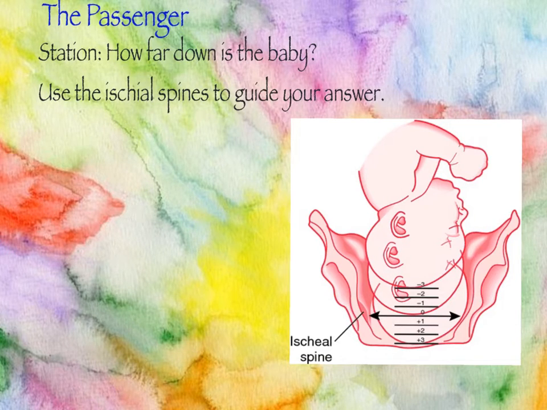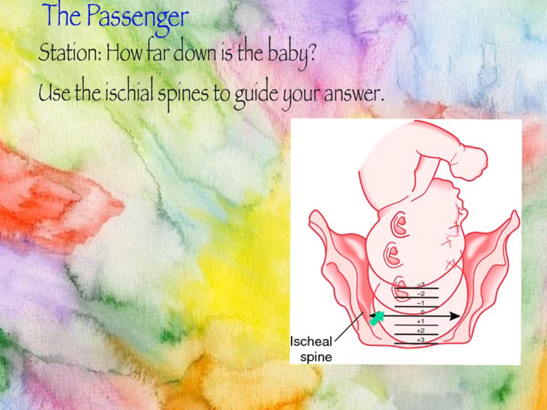They're going to feel like little sharp bony things, unless mom's really morbidly obese, and then you won't feel them too well. But in relation to the ischial spines, if the baby's head, the presenting part, has made it to the level of the ischial spines, you have a station that is described as 0 station.